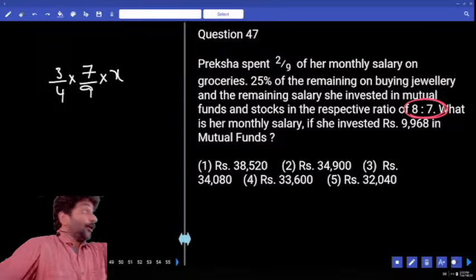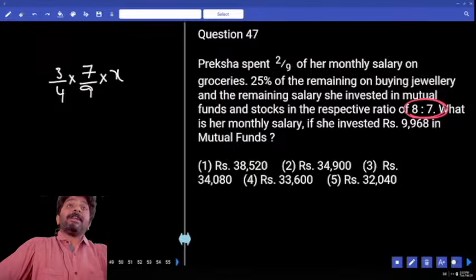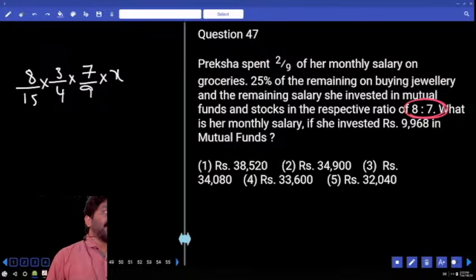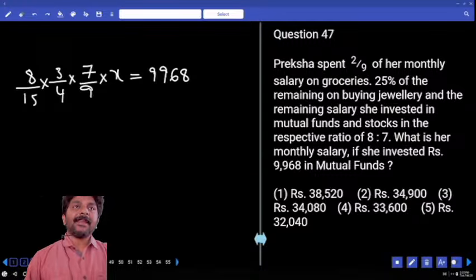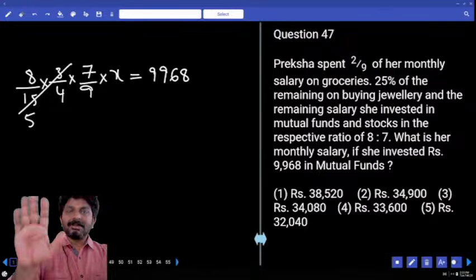Total how many parts are there? Out of those 15, how much is spent on mutual fund? That means 8 out of 15. This is the money which is spent on mutual fund, which is equal to 9968. Correct? 3 how many times? 5 times. Stop.